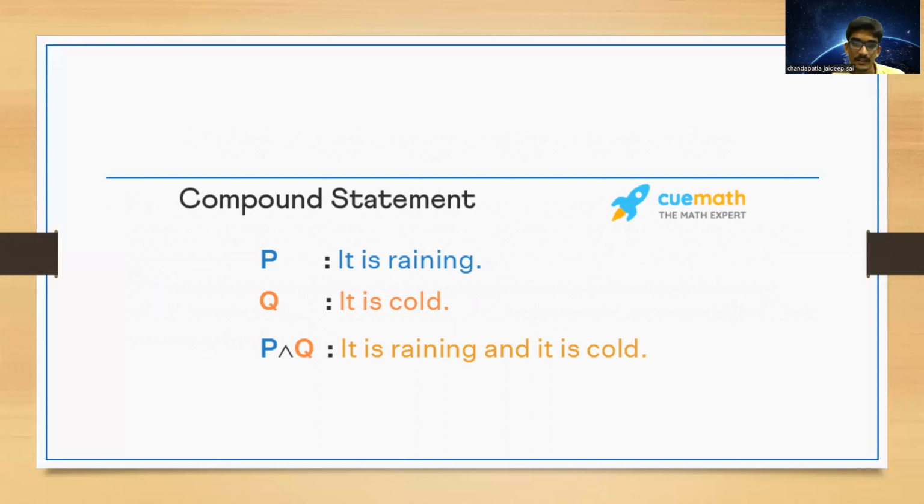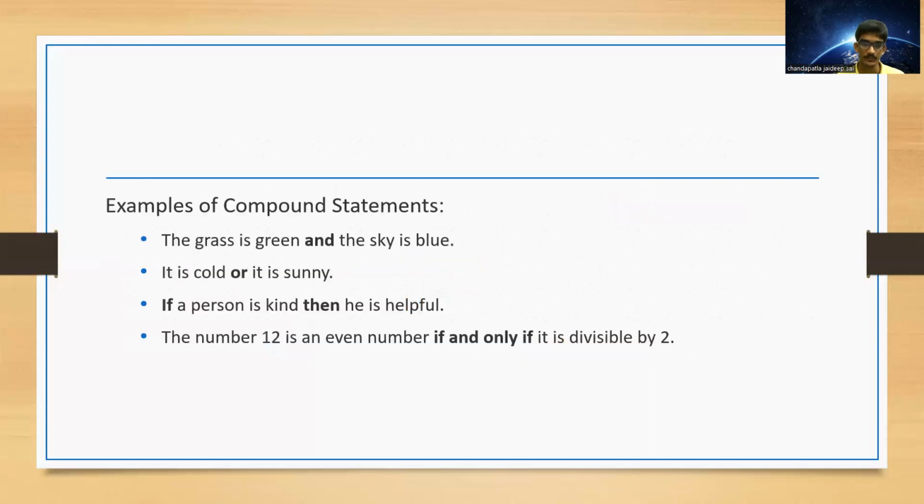P is the statement saying that it is raining, and Q is the statement saying that it is cold. When we join both statements using the word and, the result is it is raining and it is cold. So this is an example of a compound statement.